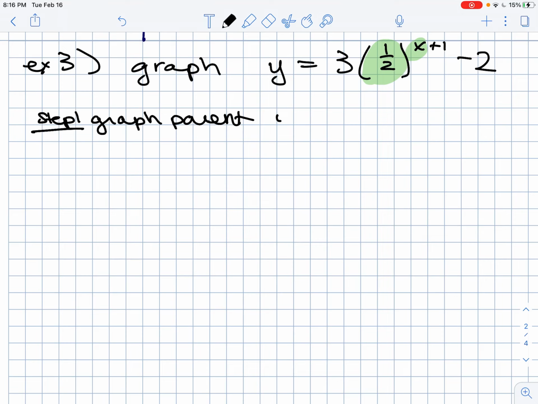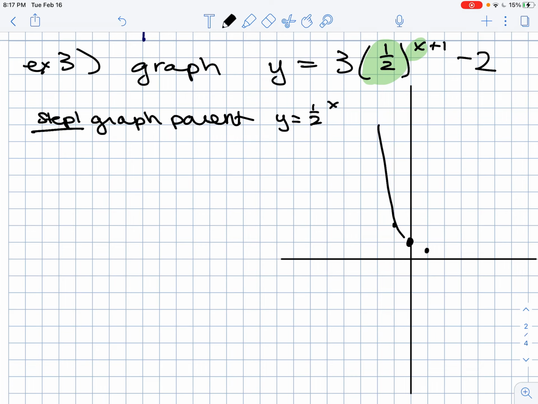So remember that our parent function is going to be y equals 1/2 to the x power, which I'll graph really quickly. I know 1/2 to the 0 power is 1, 1/2 to the 1 power is 1/2, and so on. So our parent function is going to look something like this. Okay, so this is our parent function.